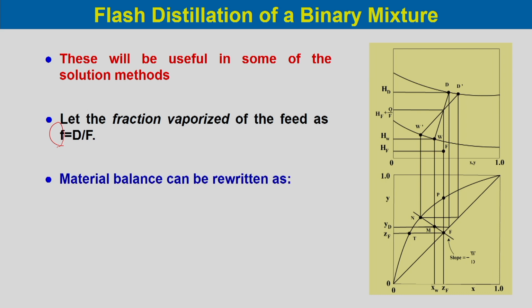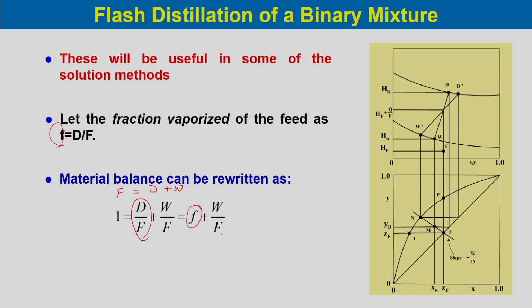Now, from the overall material balance, F is equal to D plus W. If we divide both sides by F, 1 would be equal to D by F plus W by F. D by F we have defined as f, the fraction vaporized.